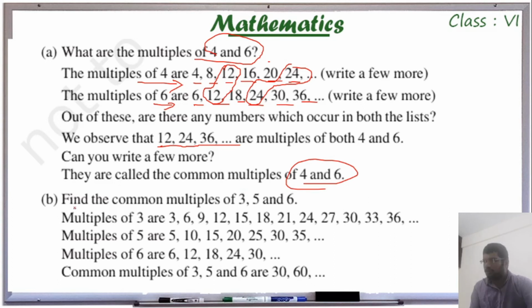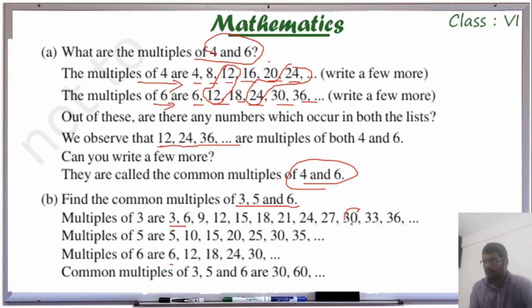And also find the common multiples of 3, 5 and 6. There is a question. For that, multiples of 3 are 3, 6, 9, 12, 15, 18, etc. Multiples of 5 are 5, 10, 15, 20, 25, etc. And multiples of 6 are 6, 12, 18, 24, etc. So look for the common elements. 30 is a common element.